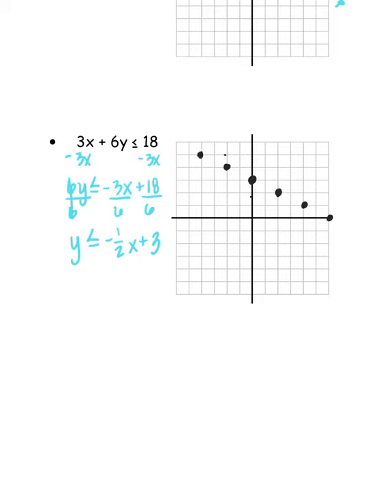And I have a less than or equal to, so this is going to be a solid line through my points. And I want all numbers less than, so I'm going to shade below the line.